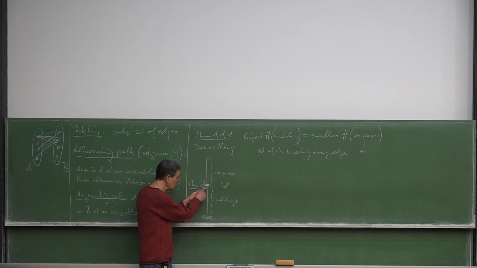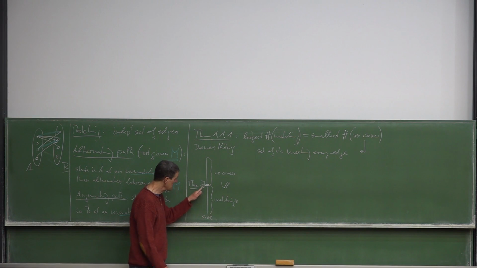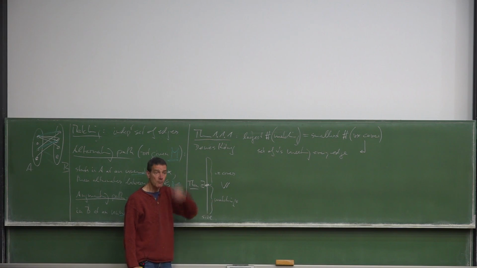And since they have to have the same size, we know structurally exactly what has to happen. Namely, the vertex cover has to pick one of the two vertices from each of the matching edges. So this is an existence statement. Two things have to exist, a matching and a vertex cover, with the joint property that the vertex cover consists of picking one of the two vertices of every matching edge. It's a very, very structural assertion.